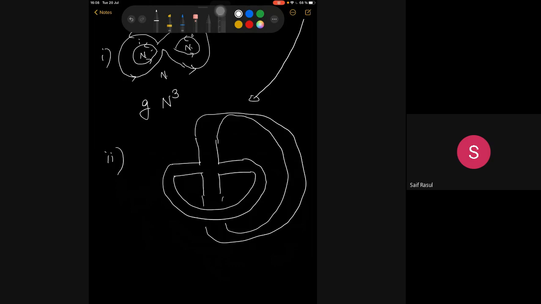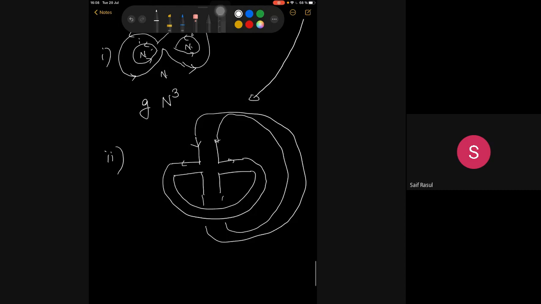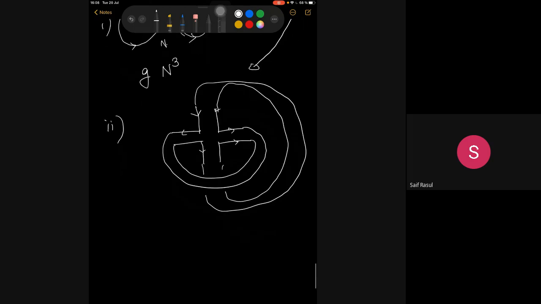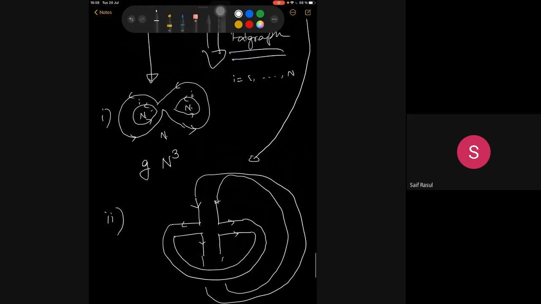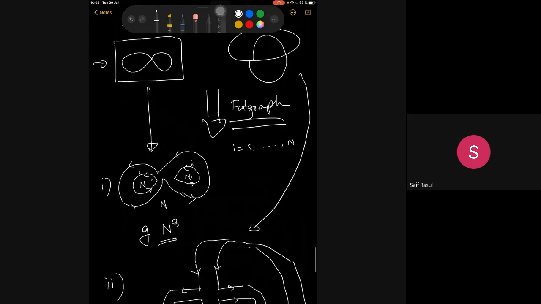These are sometimes called fat graphs or ribbon graphs or whatever you want to call them. So what is the number of faces we have? It's only 1, and our power of n is just 1. So this number n that we are assigning, the powers of it keep track of the number of faces you have.